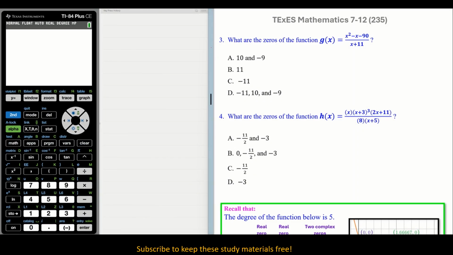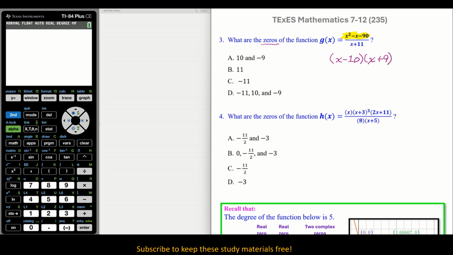Number 3, what are the zeros of the function g of x? Now, if you remember, zeros are associated with the numerator, okay? And I can factor that out. I have x minus 10 and x plus 9.